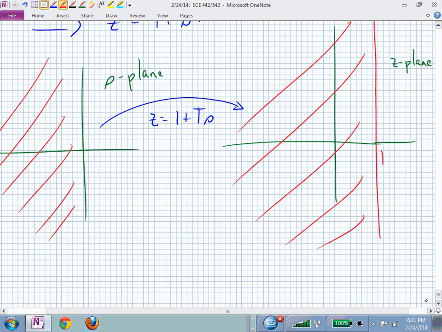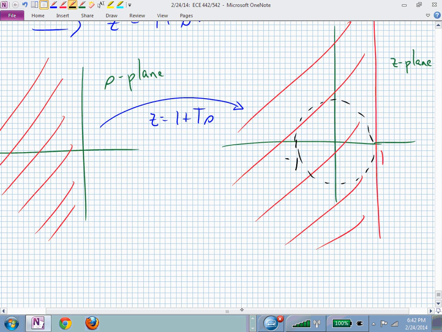What's that say? Where's our stability region in the Z-plane? Do you see any shaded region in the Z-plane that lies outside our stable region in the Z-plane? Yeah. So we're not guaranteed of starting with a stable H of S and producing a stable H of Z with the forward numerical integration approach.